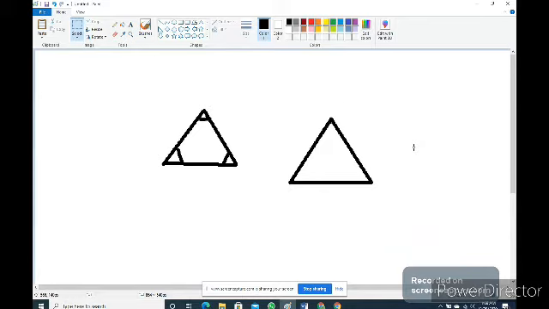First criterion: when all the sides of a triangle are equal, then the triangles are said to be congruent.